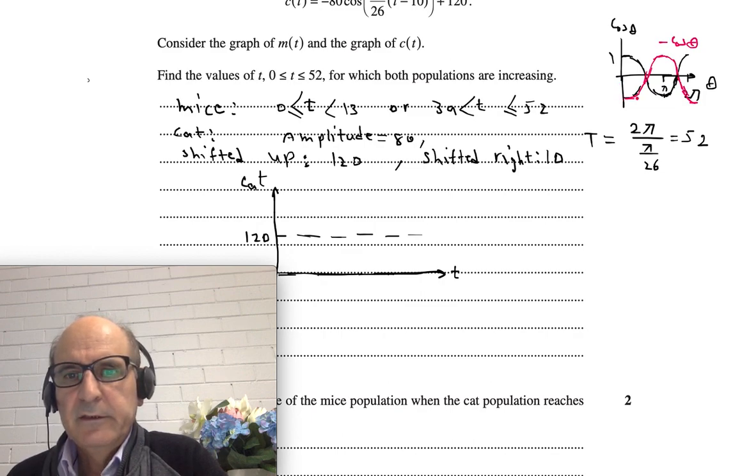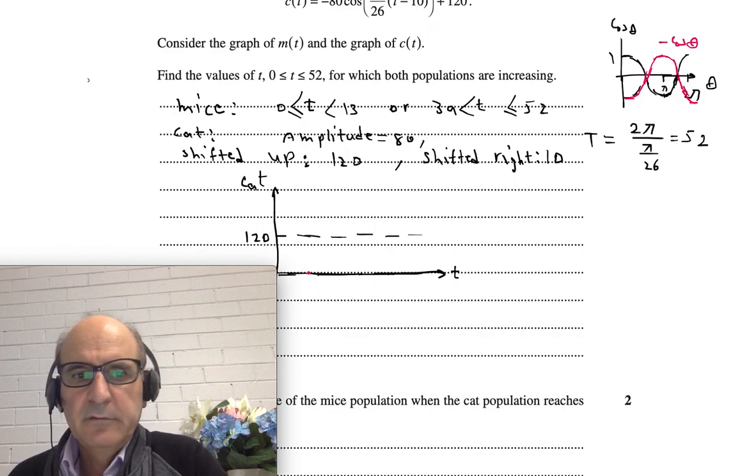The only thing is I need to shift also this by 10. So if this is 10, then I have this gone down by 80. So that means here I'm going to have 40.